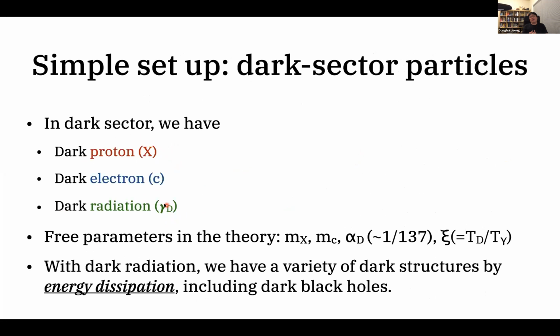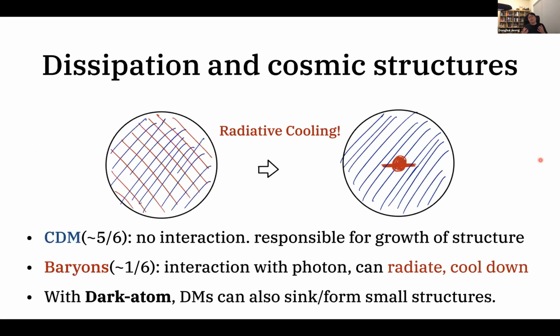The reason why I need this setup is because I want dark matter to lose its kinetic energy, to dissipate. Why is that? It's very easy to understand. In the standard model of structure formation, we have about 5/6 of matter in CDM and 1/6 of matter in baryons. When the halo first formed, we do have kinetic equilibrium of CDM and baryons all together in the halo.